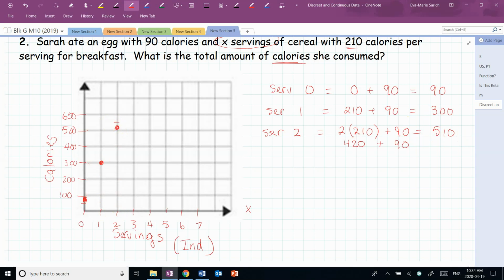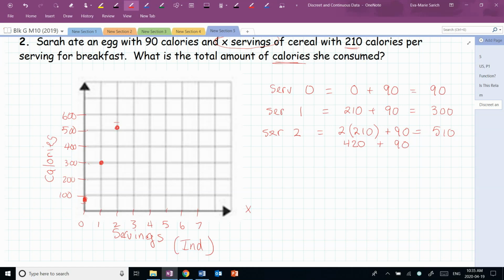Now we need to decide, can this be continuous or discrete? Have some of you ever left part of your breakfast behind? We know what the full serving would be, but she has the ability to not eat all of her breakfast. So she could have 1 serving where she left a couple of spoonfuls behind, or 2 servings where she left part of the egg behind. So, in fact, this is not discrete.